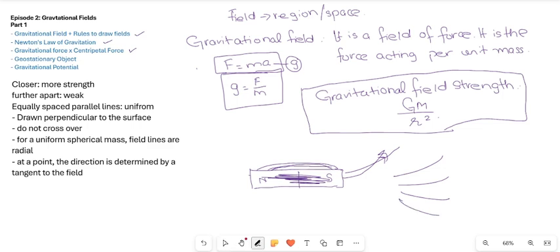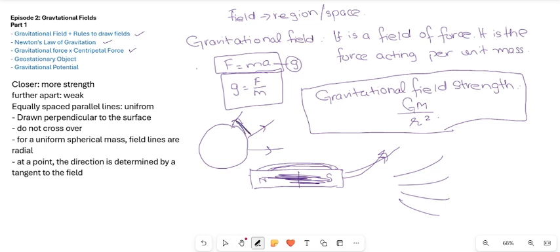When we say for a uniform spherical mass the field lines are perpendicular, this means that on the surface it gives you an illusion that they might be parallel. For example, I have a uniform sphere, and if the field lines are like this, even though they're not parallel, on the surface it may look like they are, but they will not be.